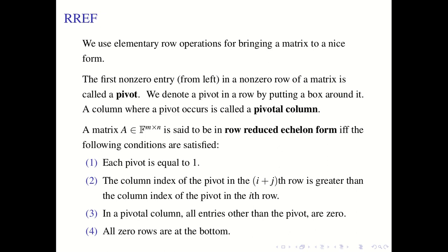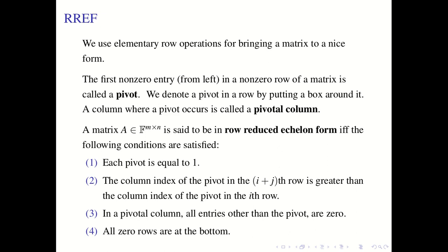So if you have a pivot in the ith row, the pivot in the (i+1)th row will be on the bottom right of the pivot in the ith row.